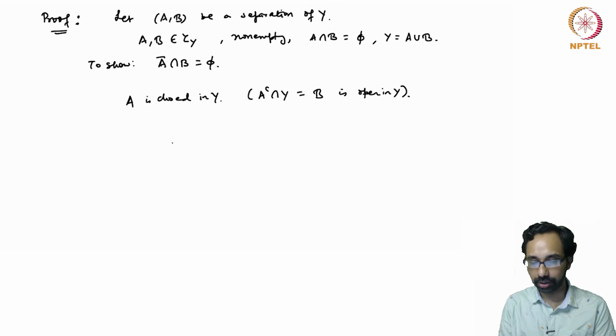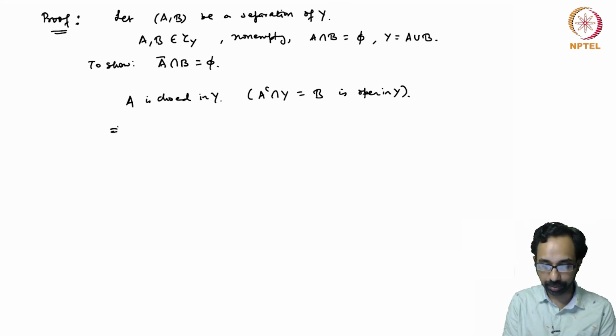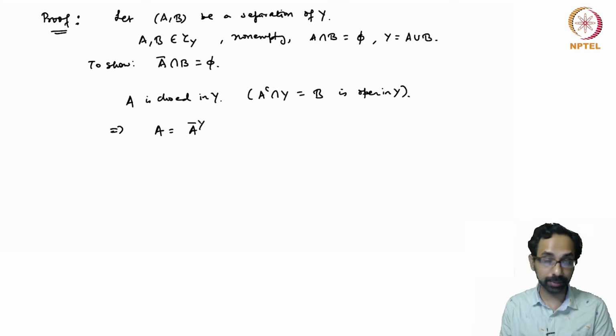So A is closed in Y, and this implies that A is equal to the closure of A in the subspace topology. Remember this notation from before, where we distinguished between the closure of a subset of a subspace within the subspace topology and with the topology of the larger space.